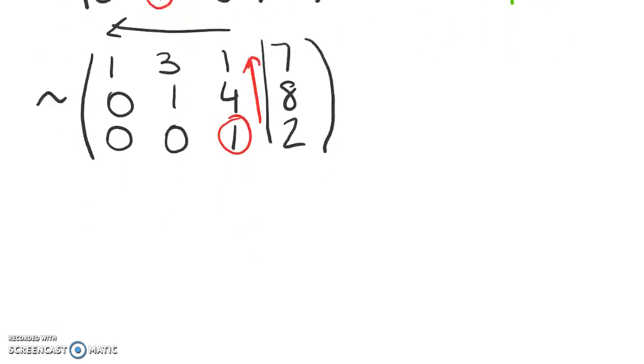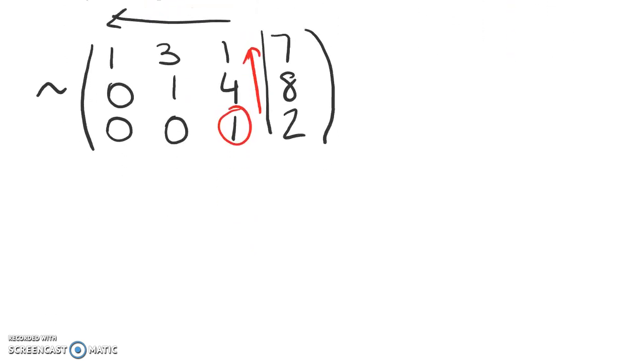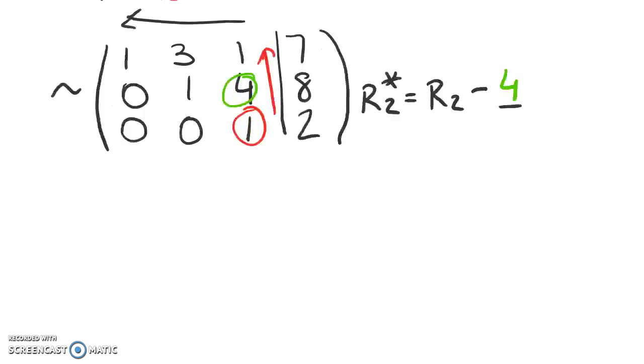Okay. So when we're trying to zero out the others, row 3 won't change, but row 2 star will now be the old row 2, take away the number to be zeroed, which is 4, divided by the pivot, times the old row 3.